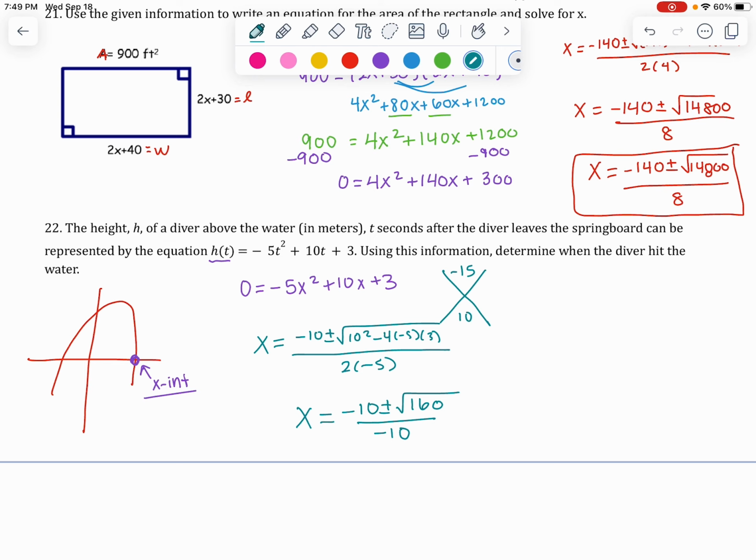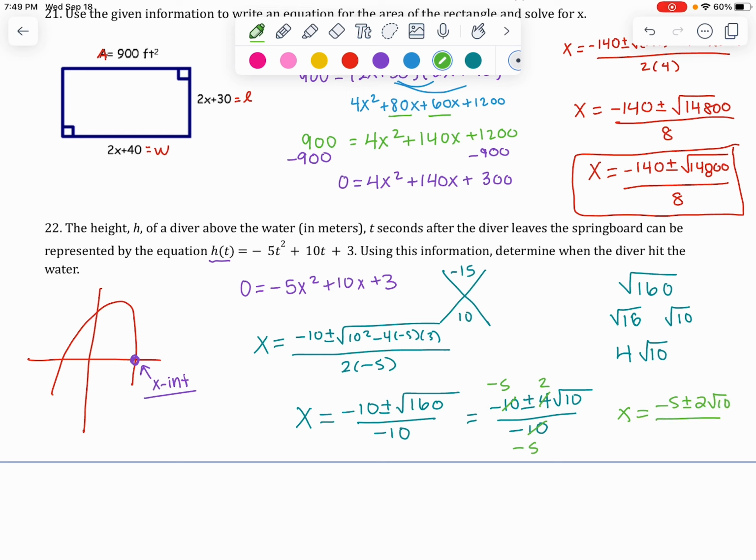We could try to simplify it though. So I know 160 is 16 times 10. So that would be 4 times the square root of 10. So we get negative 10 plus or minus 4 times the square root of 10 over negative 10. And then this could simplify because 10, 4, and 10 are all divisible by 2. So negative 5, 2, and negative 5. We get x equals negative 5 plus or minus 2 radical 10 over negative 5.